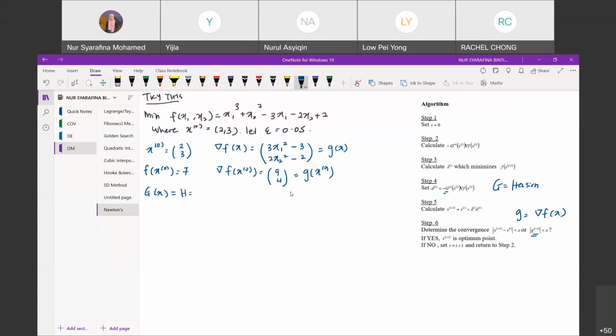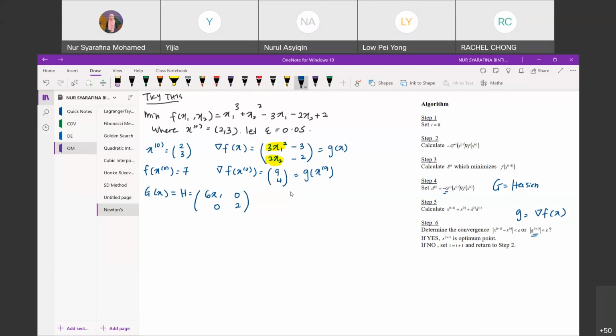Differentiate this with respect to x1 will give you 6x1, 0, 0 and 2. Differentiate this with respect to x2 will give you 2x2 here. That is your G.